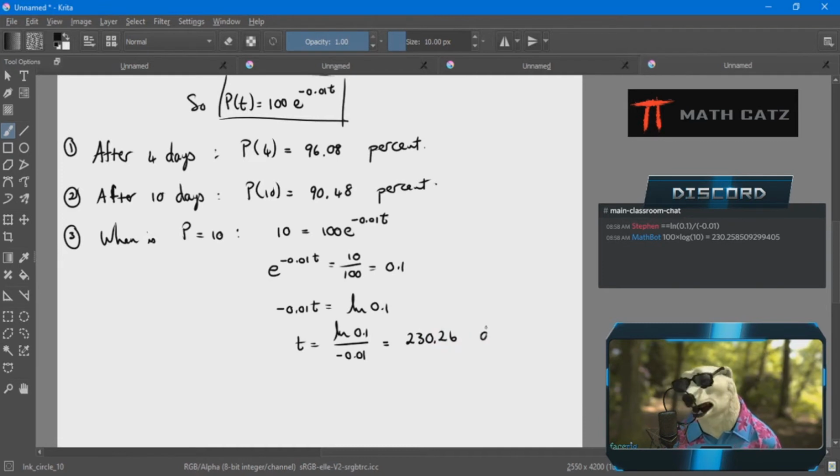So T is in days, right? So if they are aiming for safe milk at 10% of the radioactive substance, or the radioactive substance decreased to 10% of its original amount, then it'll take around 230 days.